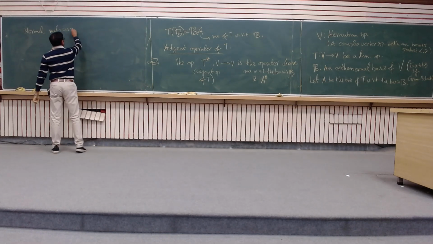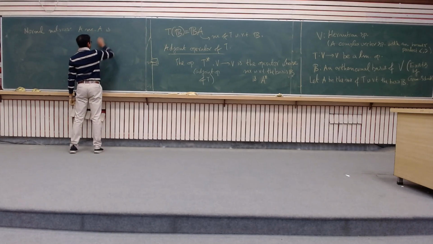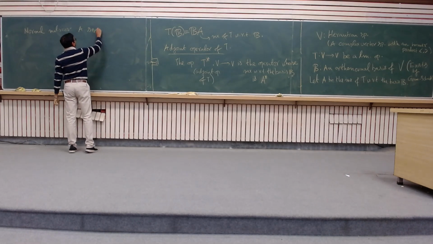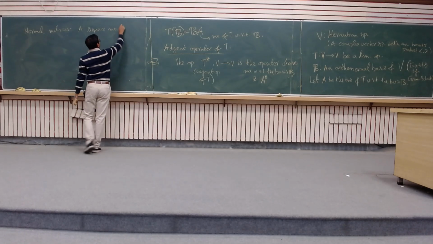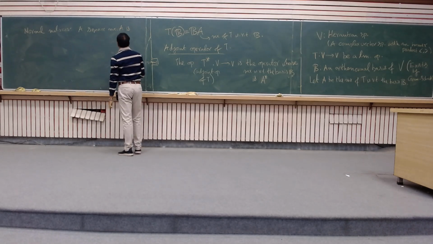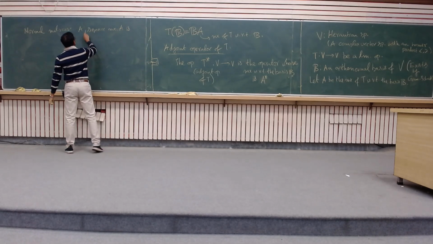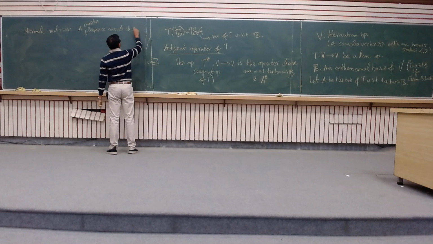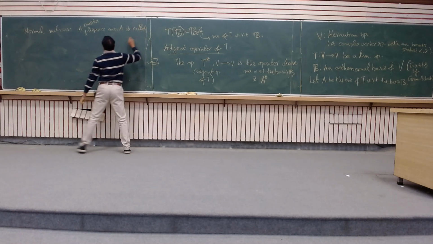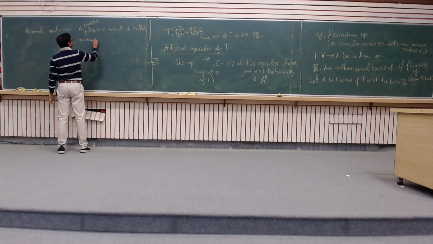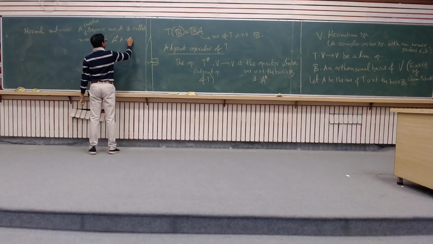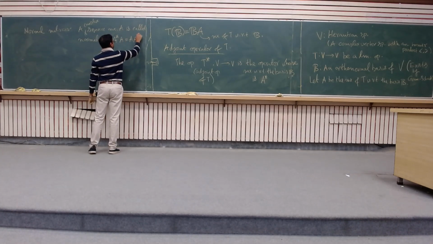We define them in this manner: a square matrix A, sorry, a complex square matrix, is called normal if A star A is equal to A A star.